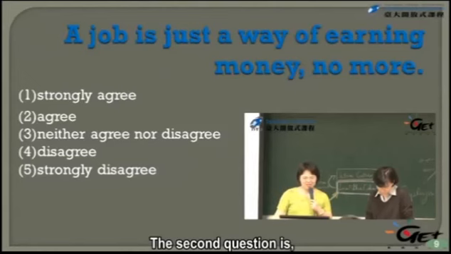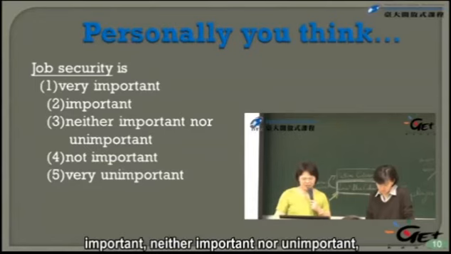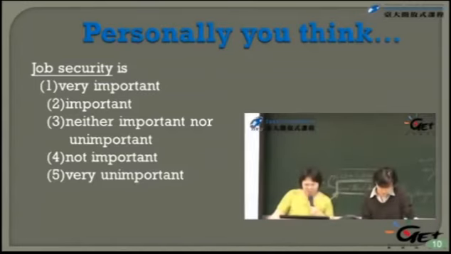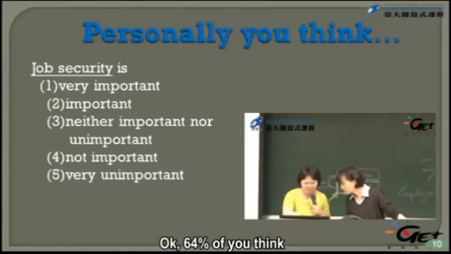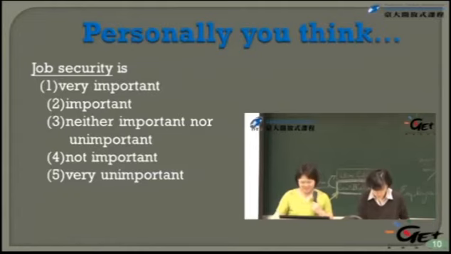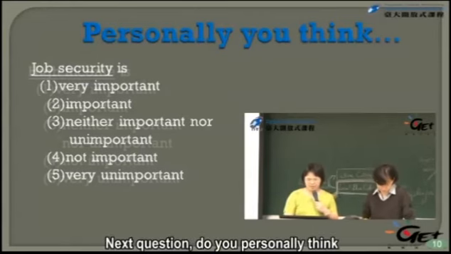The second question is, personally, do you think job security is very important, neither important nor unimportant, or very unimportant? Okay, 64% of you think that job security is very important. Next question.